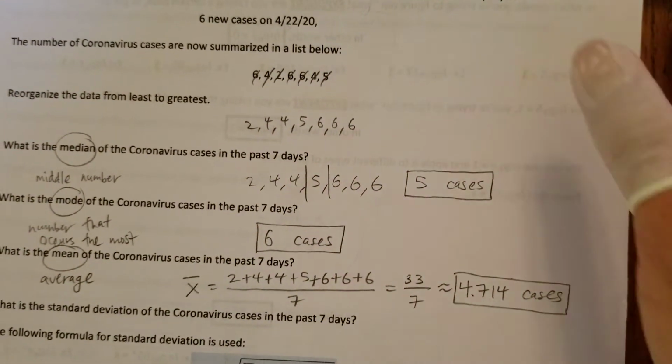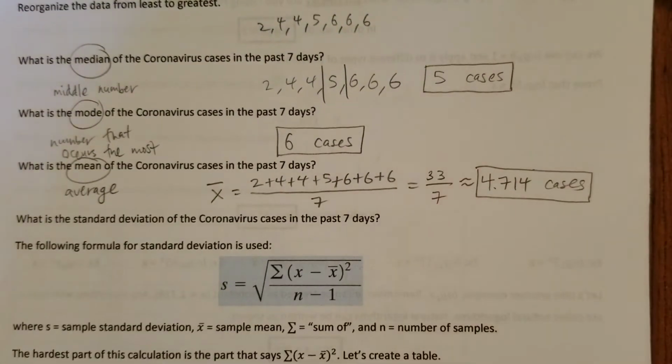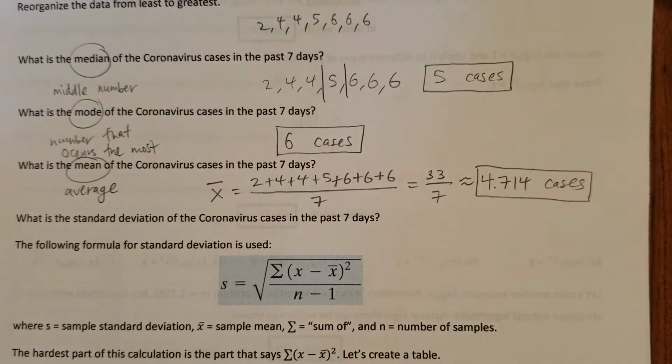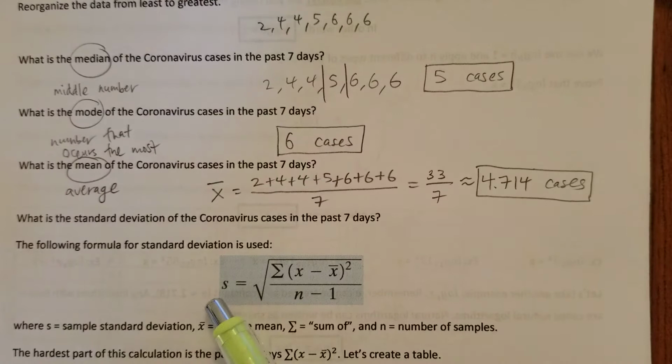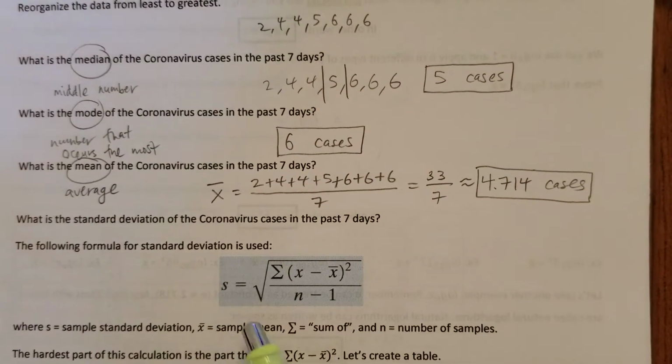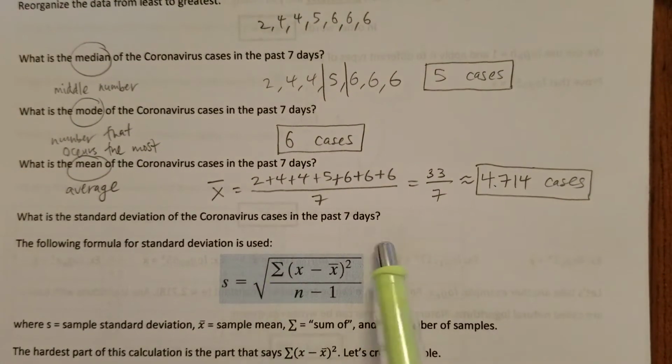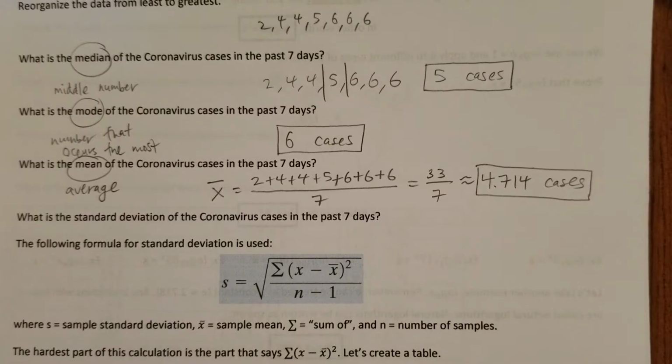Okay. Now, standard deviation. Okay. So what is the standard deviation of the coronavirus cases over these days? Okay. So this formula is used for standard deviation. S stands for standard deviation. This on top here is a square root.